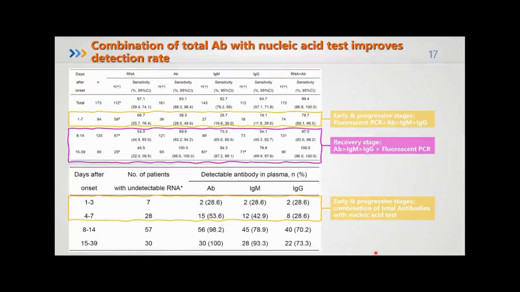Immunologic tests such as total antibody, IgM, IgG tests are valuable supplements to nucleic acid test. On early and progressive stages, which are arbitrarily set 1 to 7 days after onset, the combination of immunologic tests with a nucleic acid test greatly improved the overall detection rate of 2019 novel coronavirus, particularly for those patients with negative PCR result.